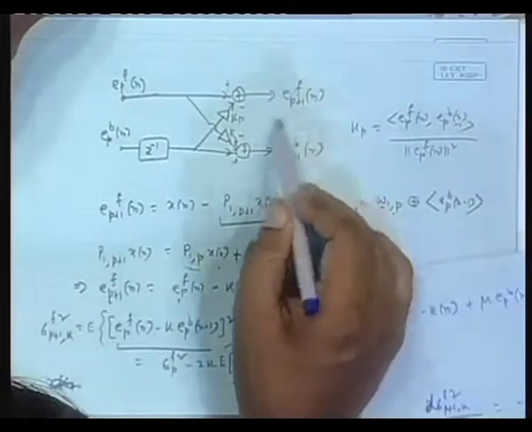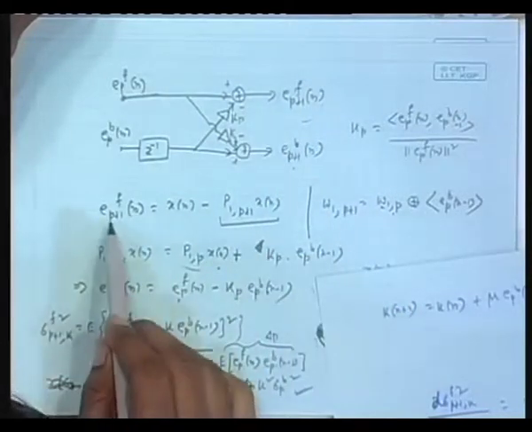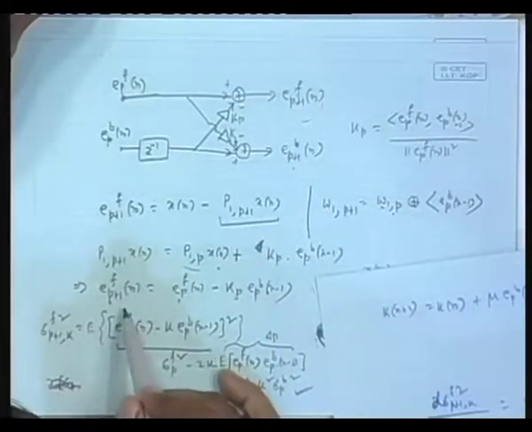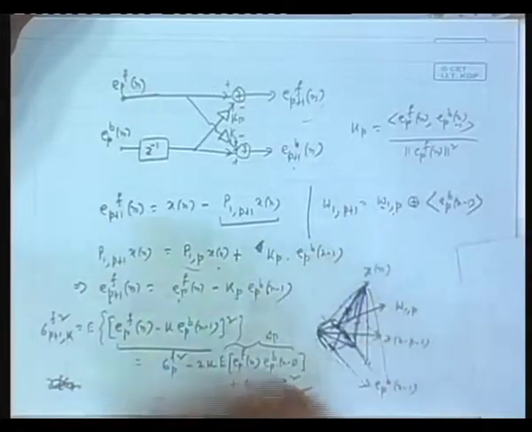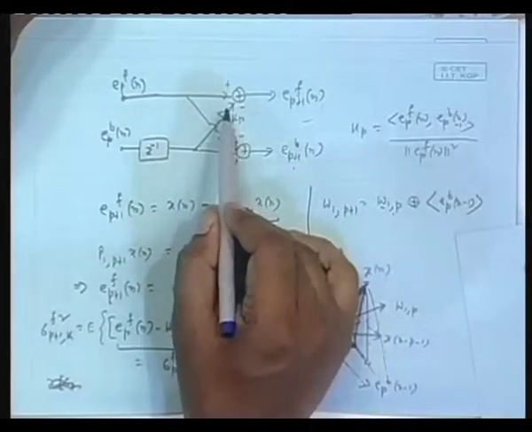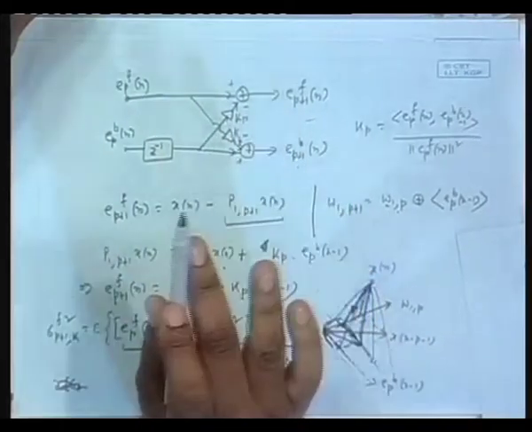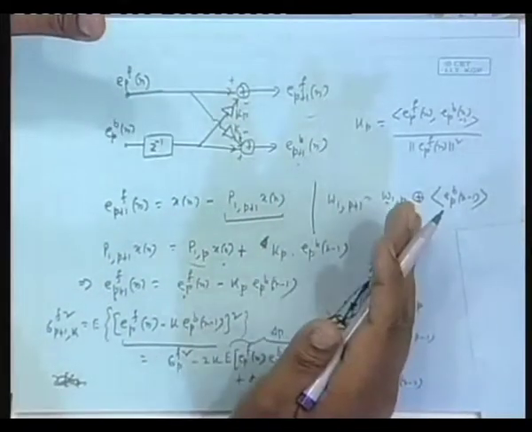That time I took the norm of this fellow, E p plus 1 f n, this projection, this error, gave a geometrical interpretation, it became a quadratic function of k, and I carried out steepest descent followed by LMS, so that this converges, at least in mean, to the optimal one. But I can do a similar thing here also, using the same projection framework, only the names will change.